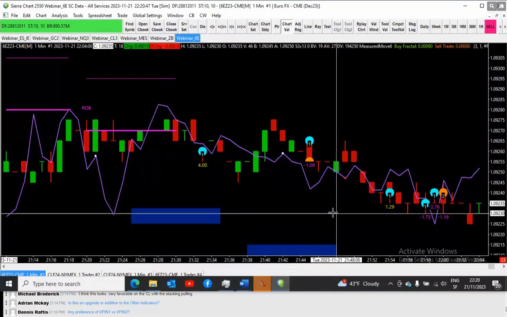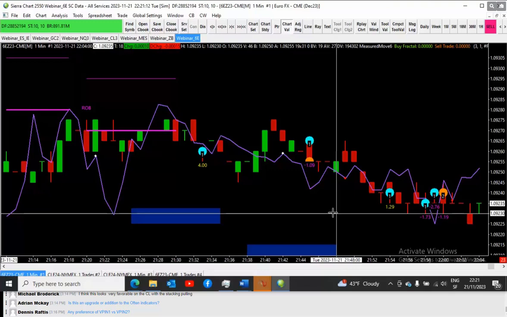Some of them represent an upgrade. Things like Rob are not in the Often indicators at the moment, and the intern exercise I showed right at the start is also not yet in Often. But the intention is, as long as Ray agrees, to put them in Often, or at least to make them available for release.